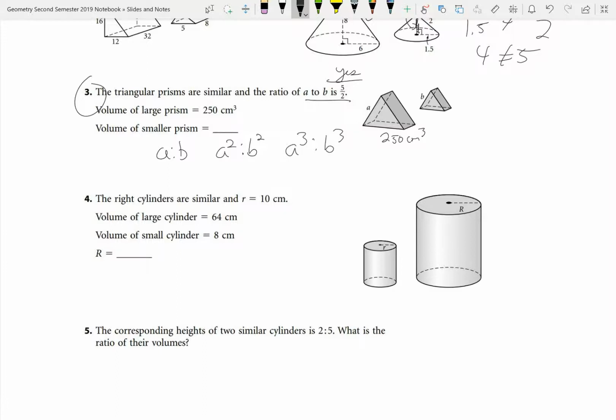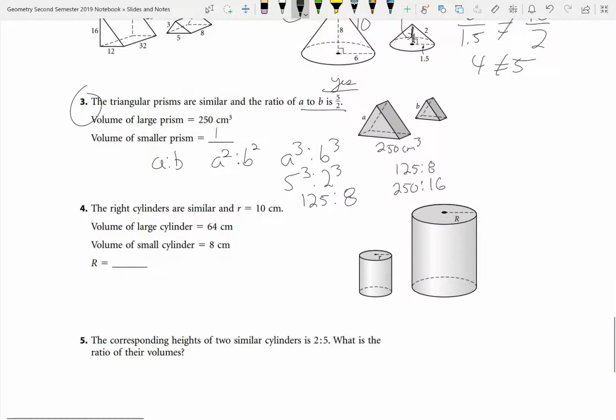So what's the ratio of the volumes going to be? Well, it's going to be 5 cubed to 2 cubed, which is 125 to 8. And so then we'll just set up a proportion, or actually, we don't even really need to, do we? Because if you go 125 to 8 and the volume is 250, looks like you're just multiplying that by 2. So it'd be 250 to 16. So it'd be 16 centimeters cubed.